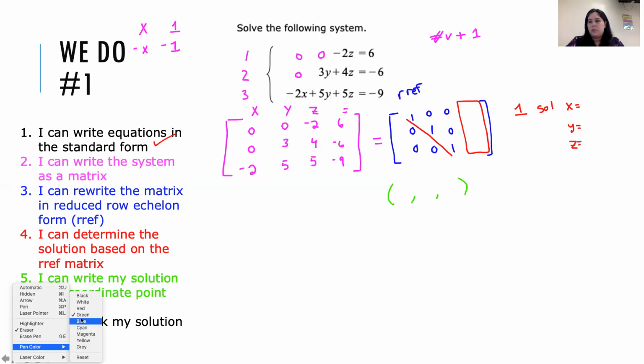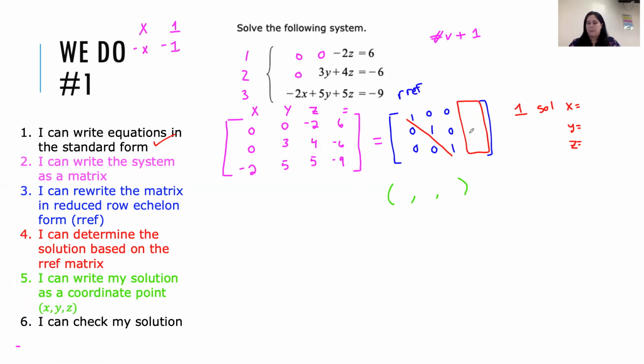So I'm going to go in blue again. No, it was right. Oops. I did have it right. I'm sorry. So we're just going to keep going. It was 2, 2, negative 3. We're going to move on to the next one.